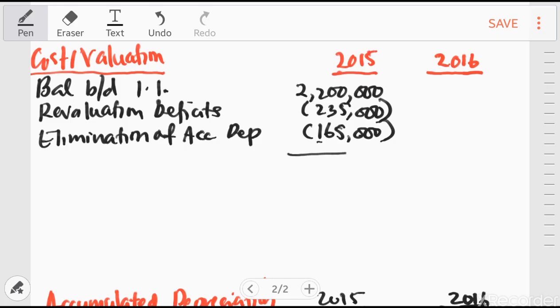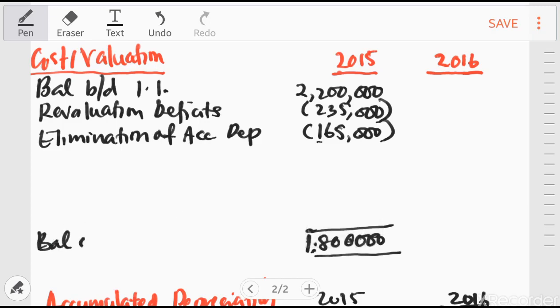And the balance here would be 1.8 million. So this is the balance carried down, 31st of December 2015.